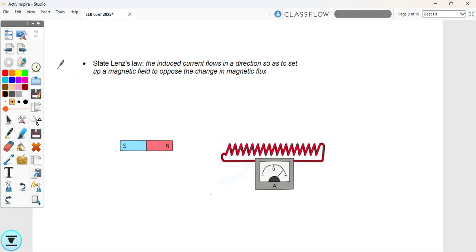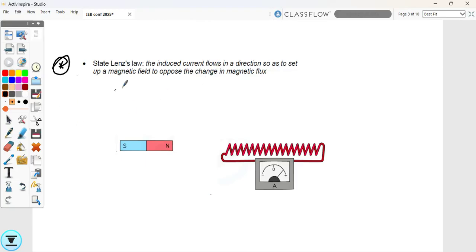They got Lenz's law perfectly right, and then they need to apply that law, and it was actually shocking how many students in the country didn't get the next question right. So I would definitely encourage us to let them understand this law first before you actually throw it at them.